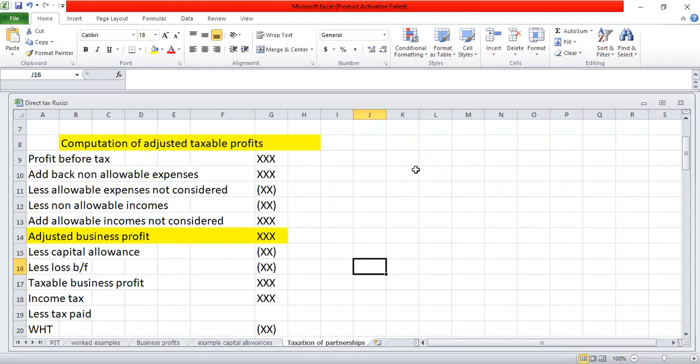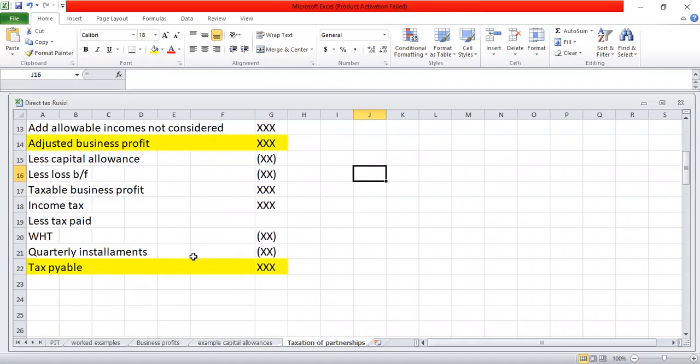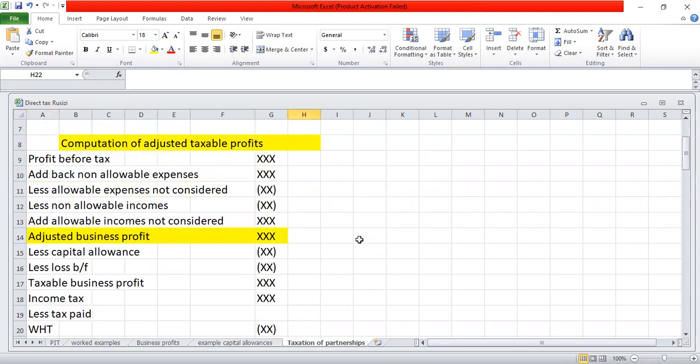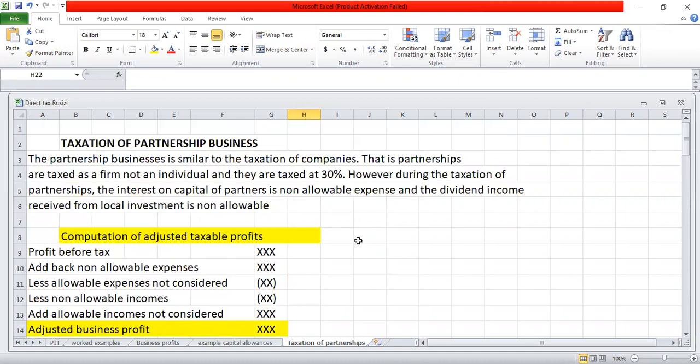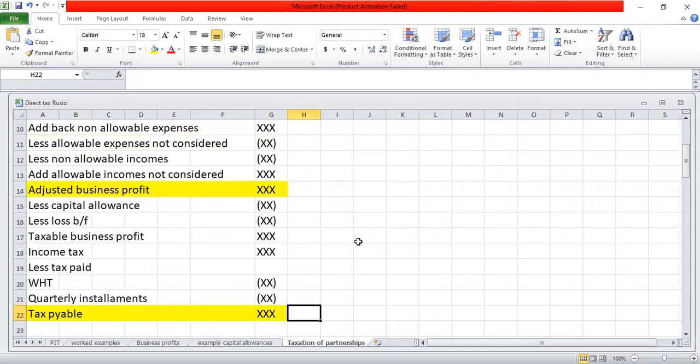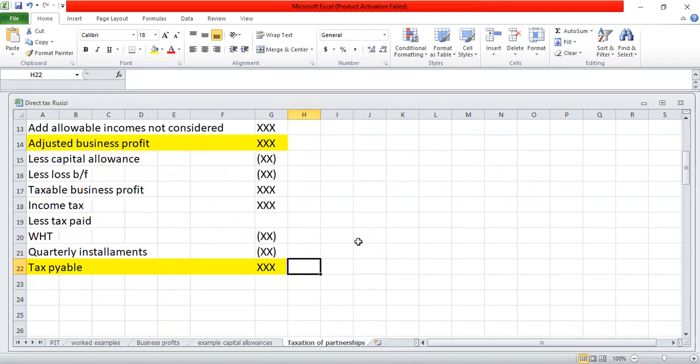Those withholding that were paid, then you less them. If you have made some quarterly payments or quarterly installments, you also less the quarterly installments that were paid. In that case, you get the tax to be paid. That is the pro forma that is going to help you to compute the tax of any business.